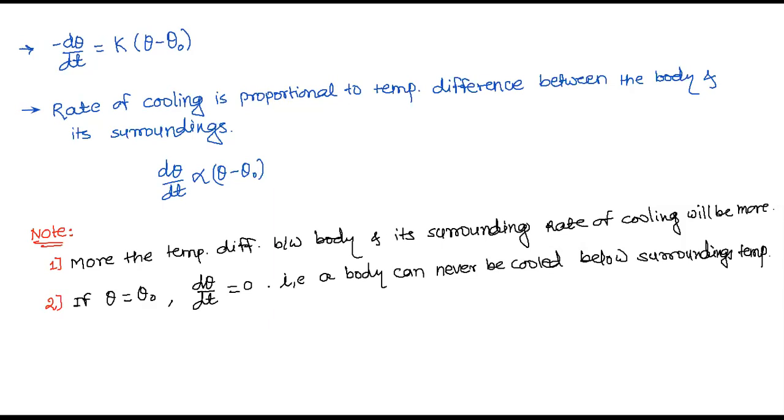Now on the table there is a glass of water at 20 degrees Celsius, and the room is also 20 degrees Celsius. Is it possible to cool that glass below 20 degrees Celsius? No, it is not possible. That's why if theta, the body temperature, is equal to the surrounding temperature, then we cannot cool that body below the surrounding temperature. That is the meaning.